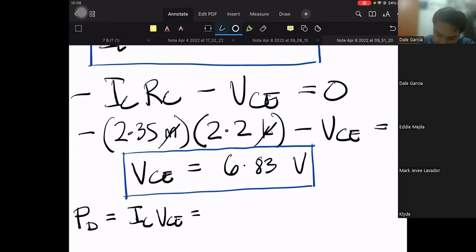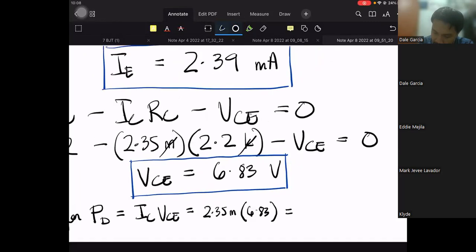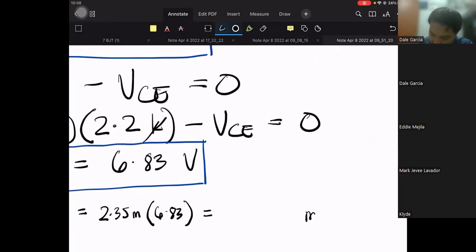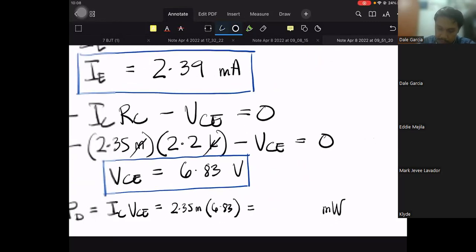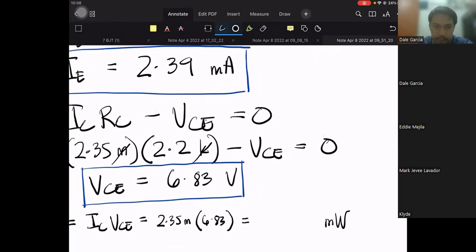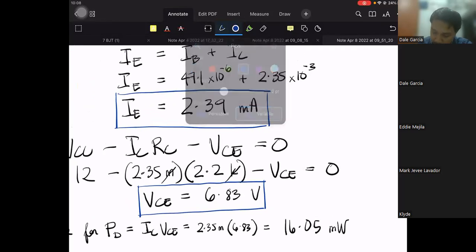So how much is IC? 2.35. So it's 2.35 milliamperes times 6.83 volts is how much? Milliwatts. Milliwatts ang gawa sa anin, for sure. Pila class? 16.05, sir. 16.05 milliwatts. Okay?